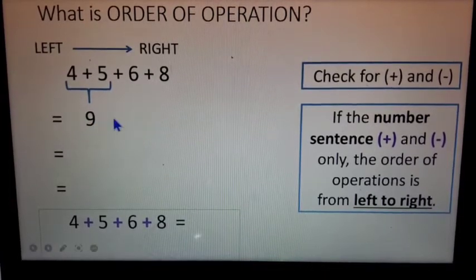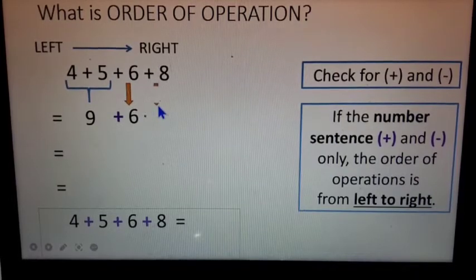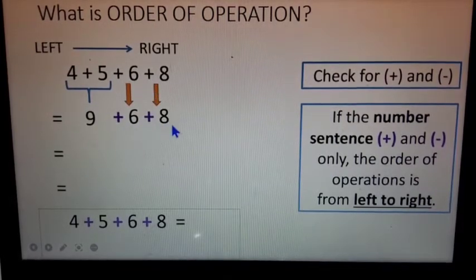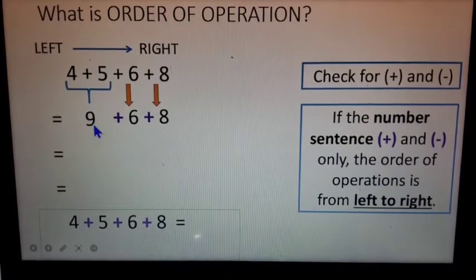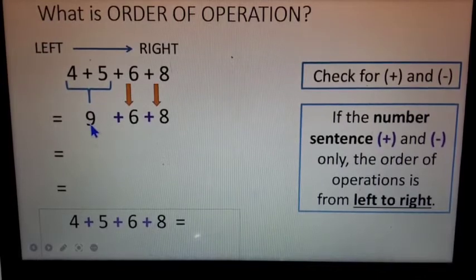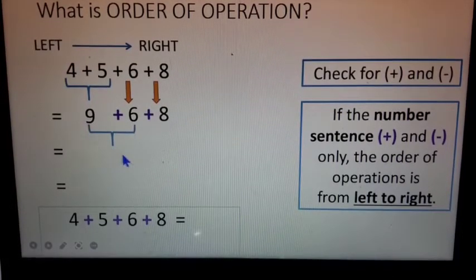Alright, and then what I do next, I bring down yang belum dicampur tadi, plus 6 and plus 8, susun semula. And then I start lagi dari 9 tadi. Alright, yang sudah teacher campur dari kiri. So I start dari kiri lagi. 9 plus 6 is 15, isn't it?